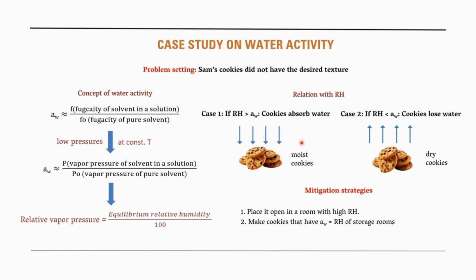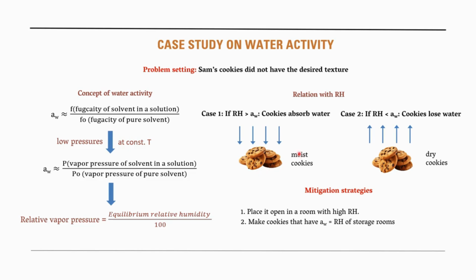So two things can happen in case of cookies. If the relative humidity of the surrounding is greater than the water activity of the cookie, cookies tend to absorb water from the surroundings. Cookies generally tend to have low water content.